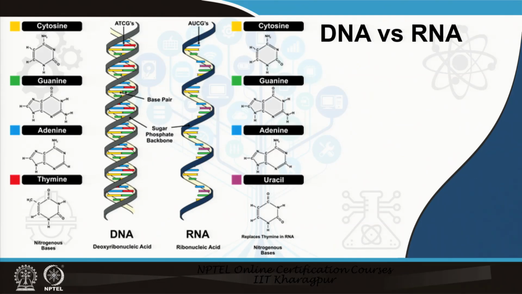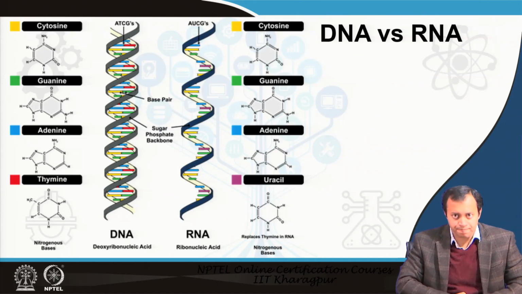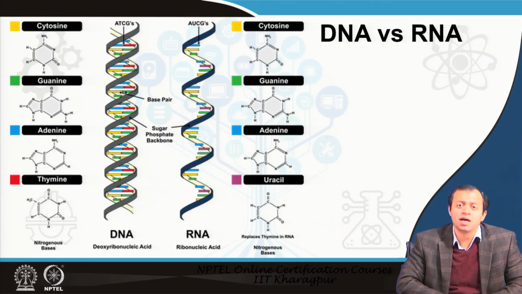So, it has been found that both DNA and RNA can carry genetic information. It is not only DNA that can carry genetic codes to pass on from one generation to another. RNA also carries similar information.